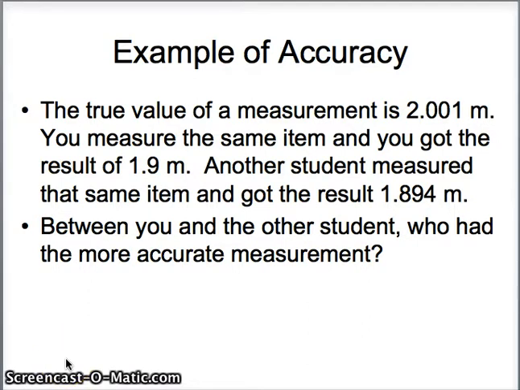If you had said that the other student is more accurate, you'd be wrong, because 1.9 meters is definitely closer to 2.001 meters than 1.894 meters. So that means you measured 1.9 meters, you're more accurate because it's closer to the accepted true value of the measurement.